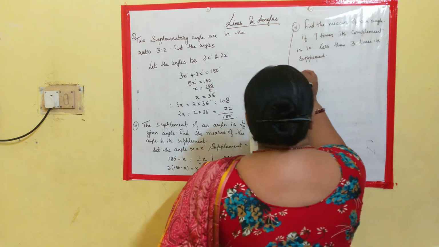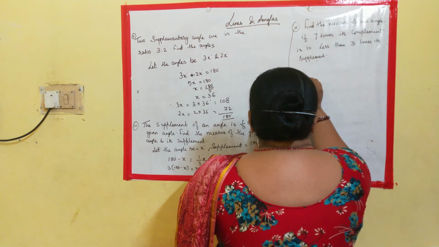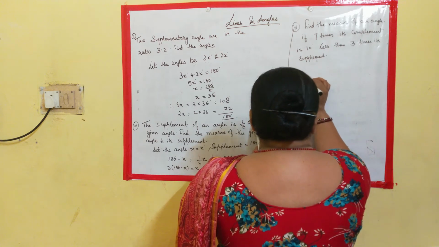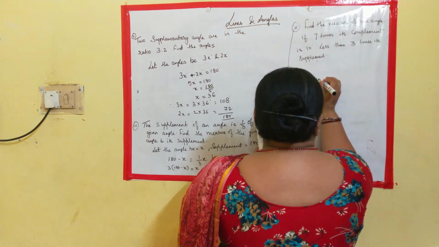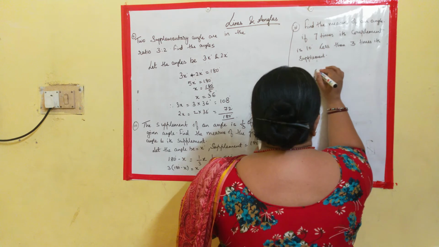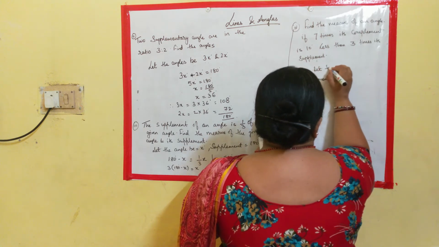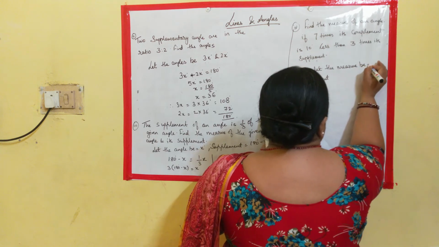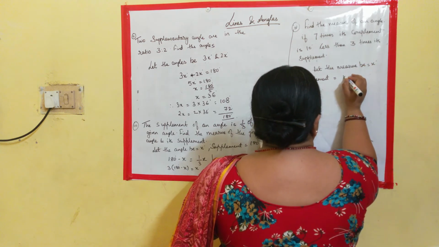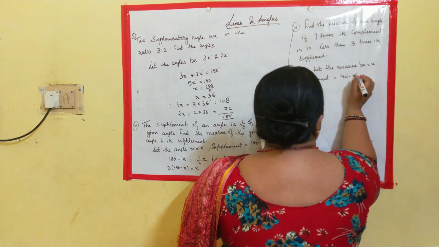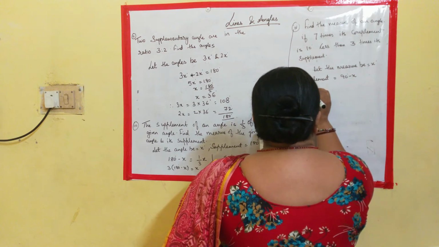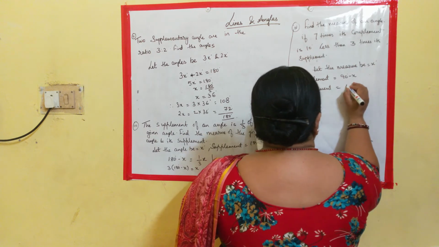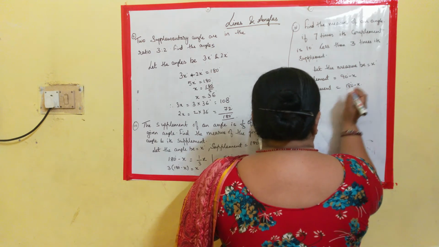As per the question, for the solution, let the measure be x degree. So, its complement is 90 degree minus x and its supplement is 180 minus x.